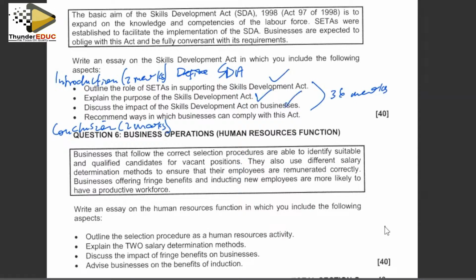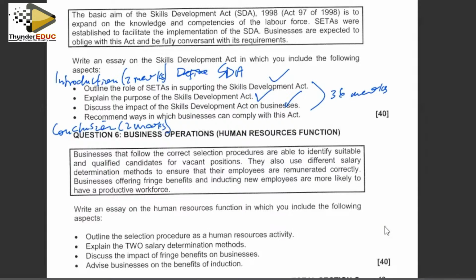So now let's check the impact of the Skills Development Act on businesses. One of the impacts is that it trains employees to improve productivity at the workplace, and also promotes self-employment and Black entrepreneurship.